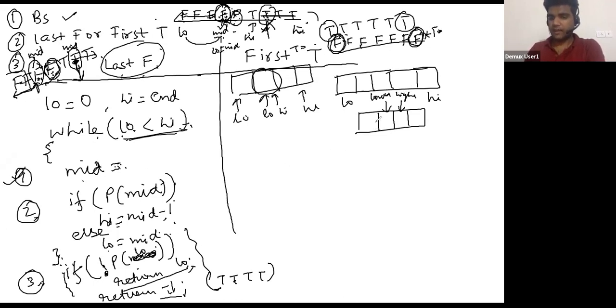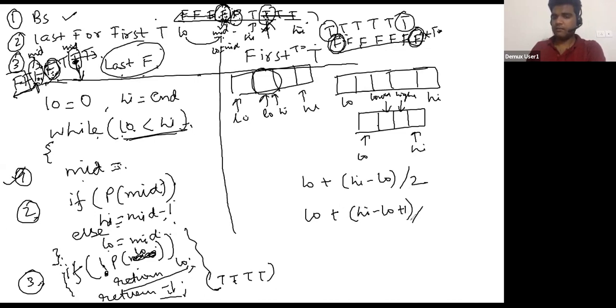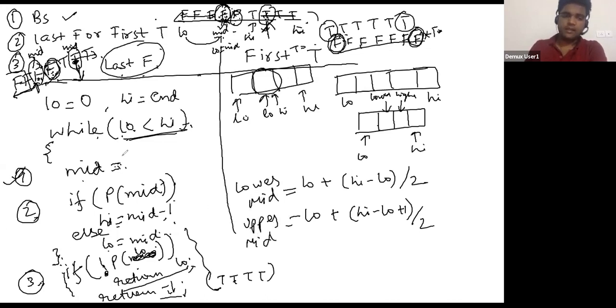For finding the lower mid, the best way is low plus (high minus low) by 2. And finding an upper mid is low plus (high minus low plus 1) by 2. Okay, so this is the lower mid and this is the upper mid. So in number 1, we have to decide whether we want to use a lower mid or an upper mid. That's the only decision that we have to make, and then our code is complete.